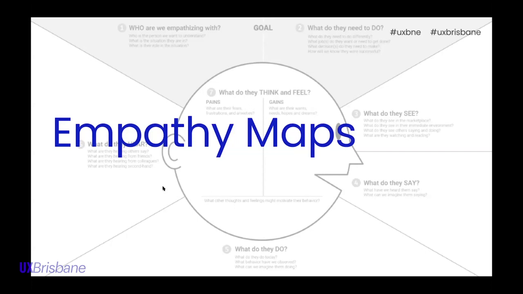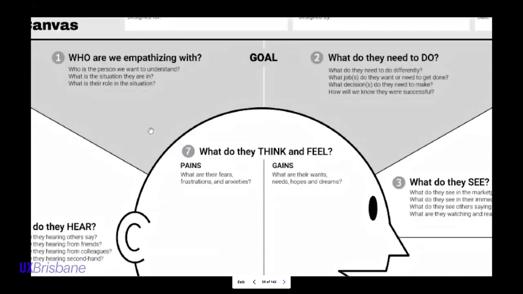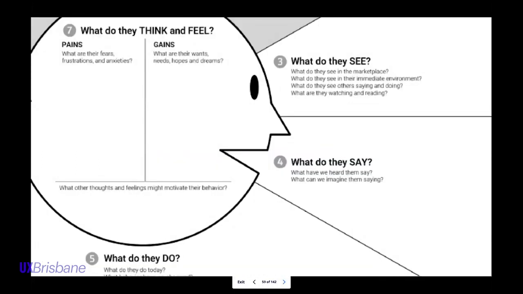So if we just quickly go through some of the things that you'll get from doing an empathy map, you're learning about who the user is and what their context is. What do they actually need to do? What's important to them? What's their job to be done? What do they see and what do they hear on a day-to-day basis? What do they say on a day-to-day basis?